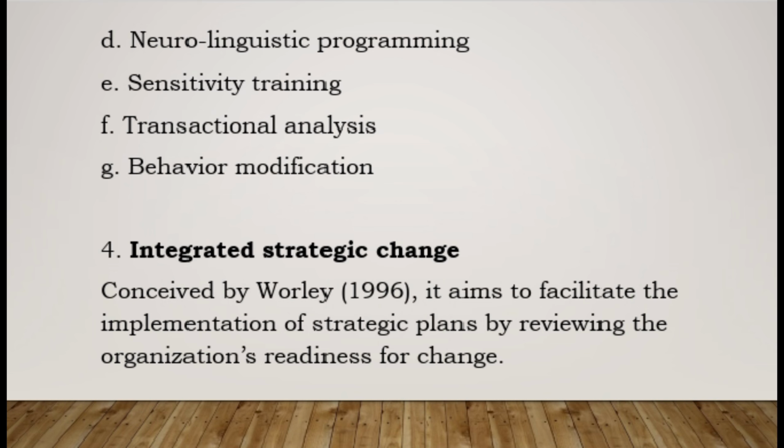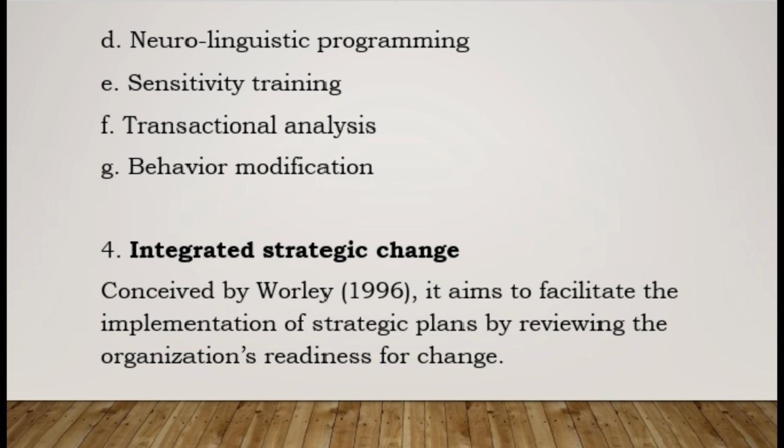F. Transactional analysis. It helps people understand their behavior and interaction through the parent-adult-child model. And lastly, letter G. Behavior modification. It uses positive reinforcement and corrective feedback to modify behavior by weakening dysfunctional actions and strengthening desirable ones.